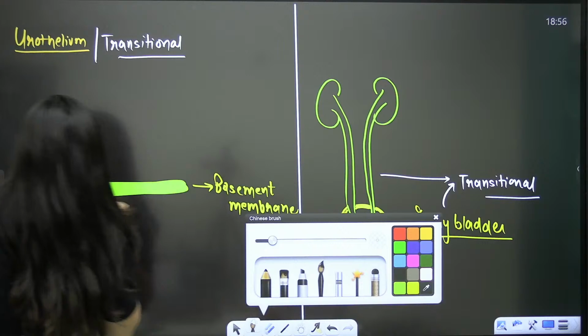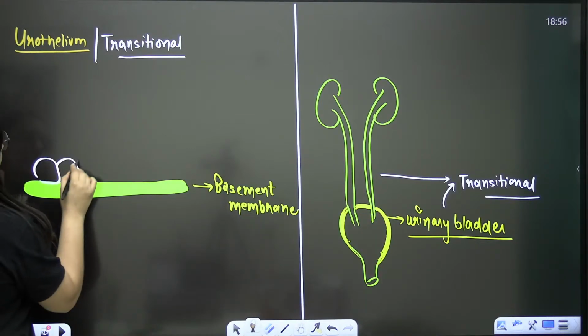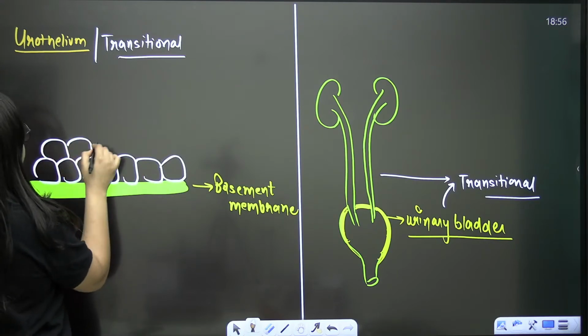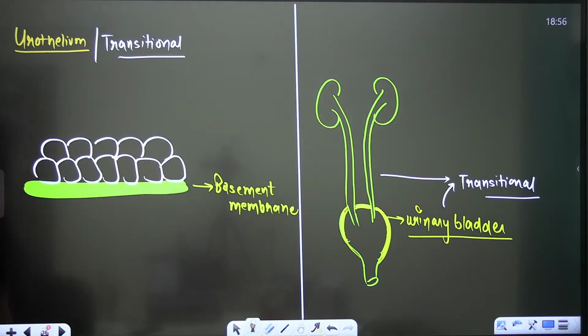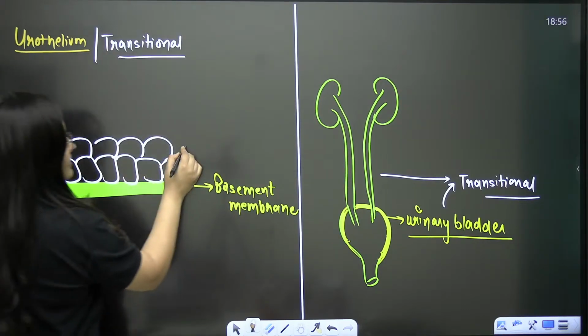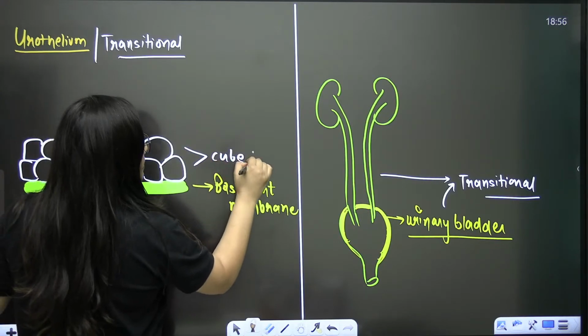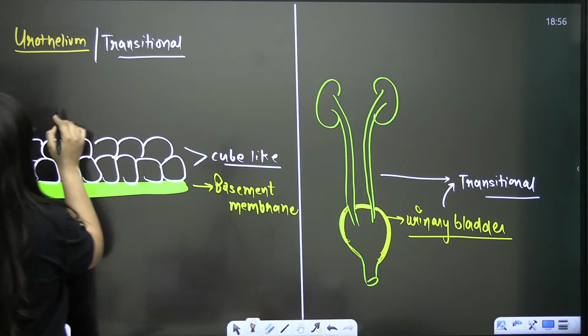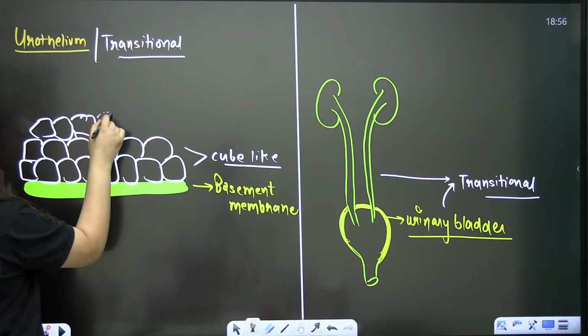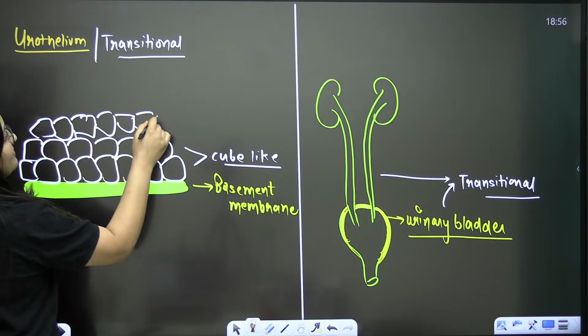Just above the basement membrane, 2 to 3 layers of some cube-like cells. Now the shapes are not so relevant, but just to explain it to you.